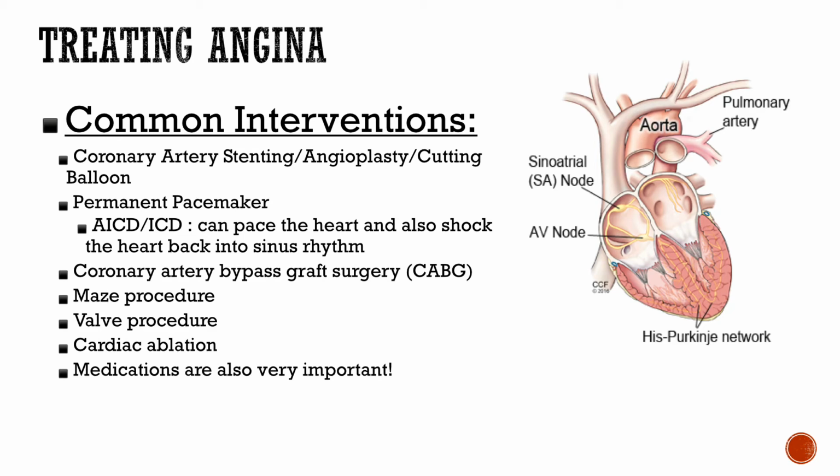Beta blockers decrease oxygen requirement of the heart and decrease the blood pressure. Nitrates dilate the heart arteries. So the medications, in addition and coupled with the proper procedures, are going to decrease the symptoms and address the underlying problems that we're having with the cardiovascular disease.